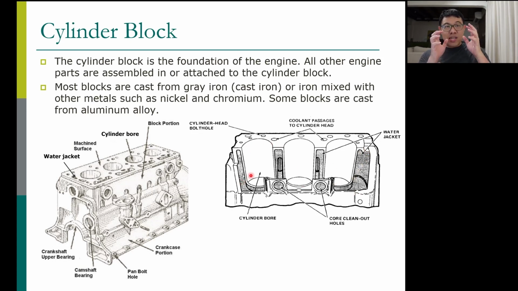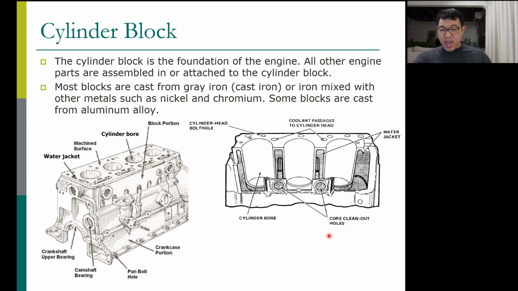The model of the water jacket is made with sand. You put this sand inside the mold, close the mold, and then pour in melted aluminum or melted cast iron. Then you wait until it cools down and you get the engine block like that. After that, you have to remove the sand so that you get the water jacket inside.